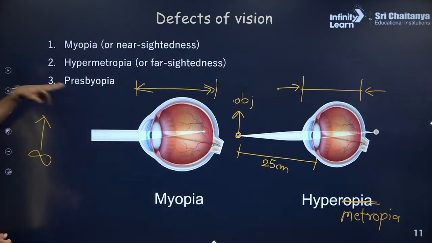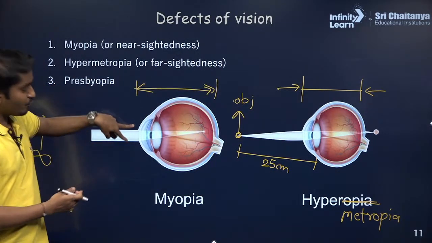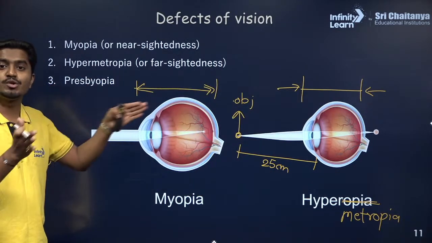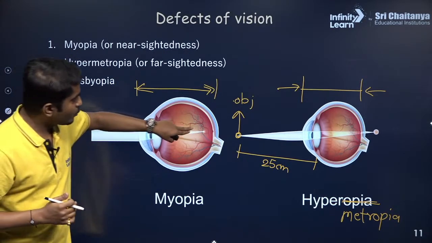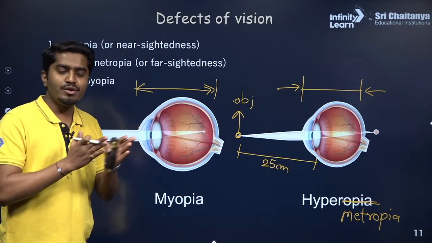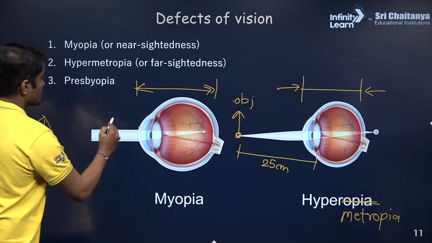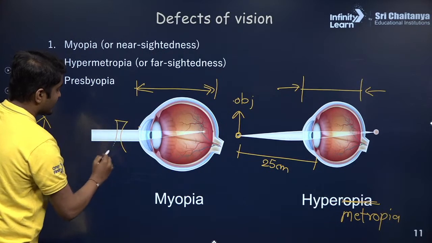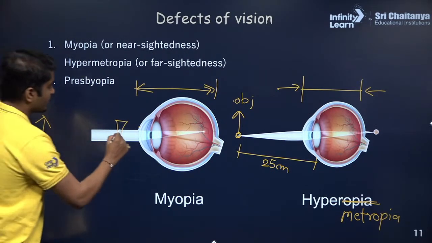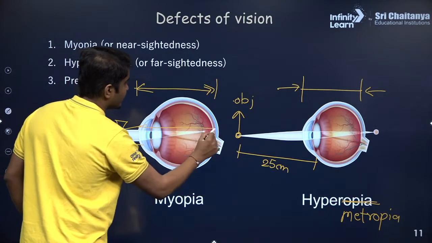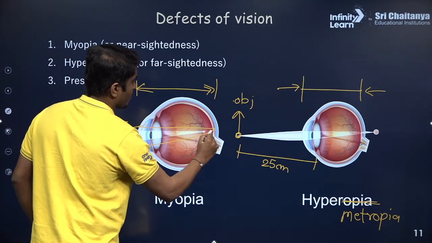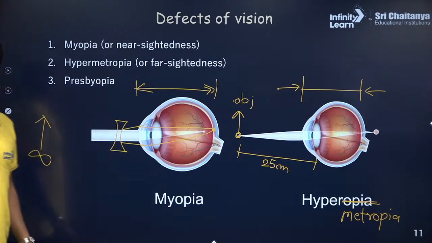So now how do you correct it? So here what we want the rays to diverge, correct? We want the image to go little further behind. So we want the rays to diverge. So what we do? We place a concave lens. So it will diverge the rays, and now these rays, they are focused on the retina.